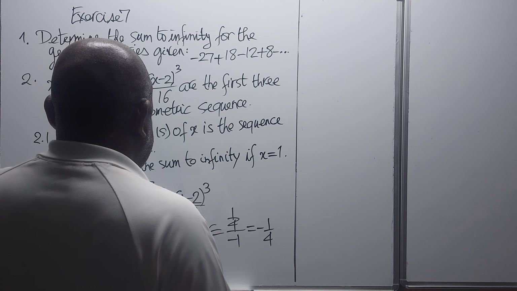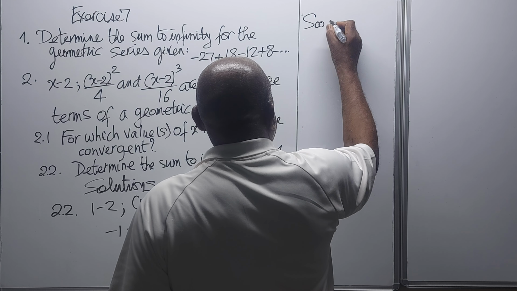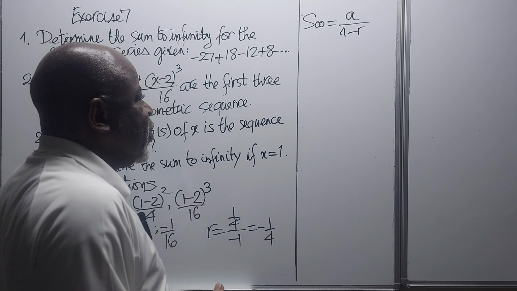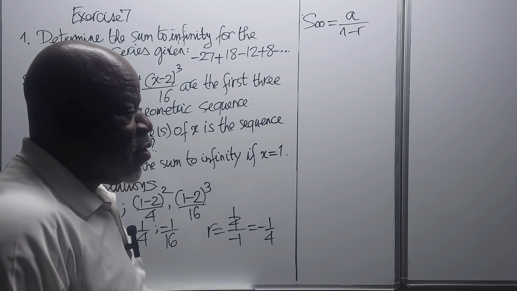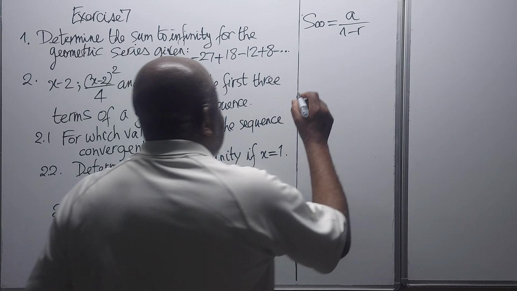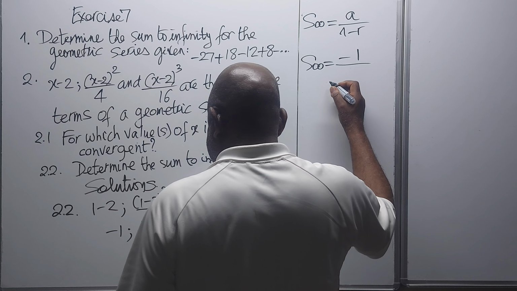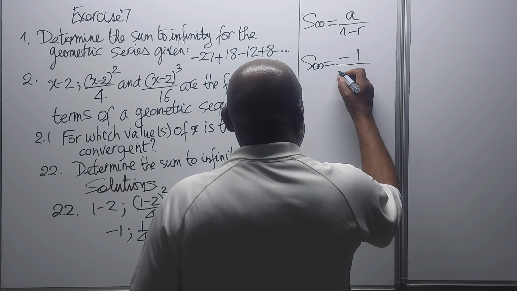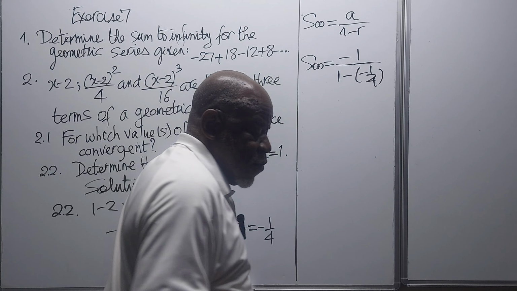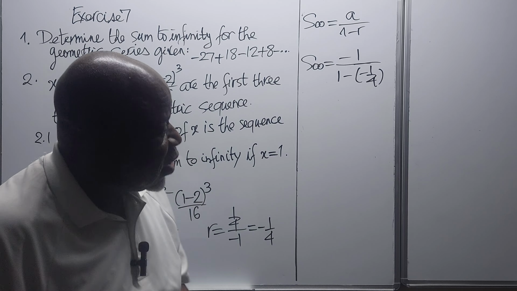Now, sum to infinity is equal to a over 1 minus r, with a our first term and r the common ratio. Our first term here is negative 1, so S infinity will be equal to negative 1 over 1 minus, our common ratio is minus 1 over 4. So let's take a calculator.